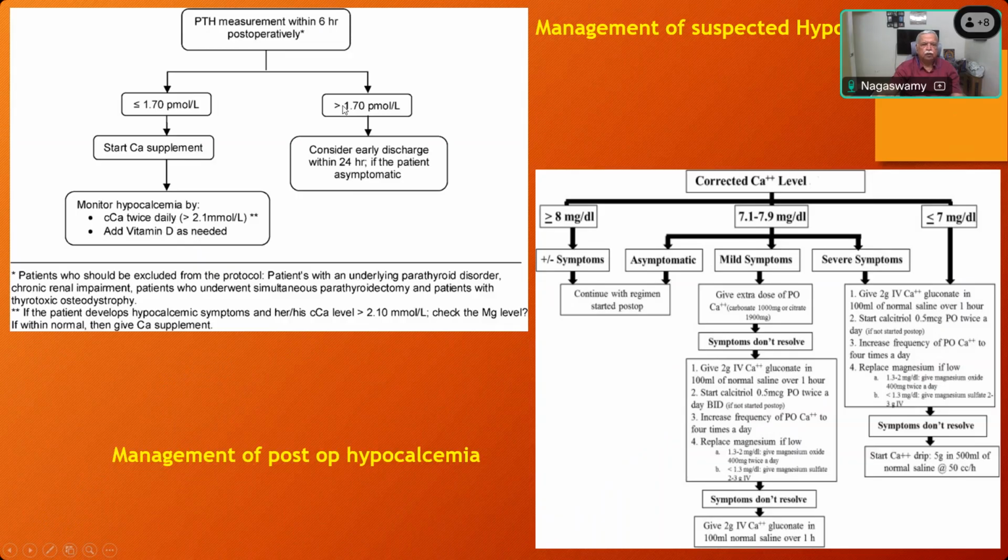But if the value is more than 1.7, that means it's normal, no need for any supplementation. The patient can be discharged after 24 hours. So that is the two things you have to differentiate: whether it is due to hypoparathyroidism, or removal of parathormone from the system, or whether it is simply calcium insufficiency judged by the value of calcium.